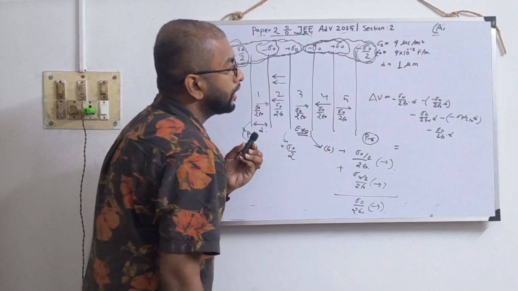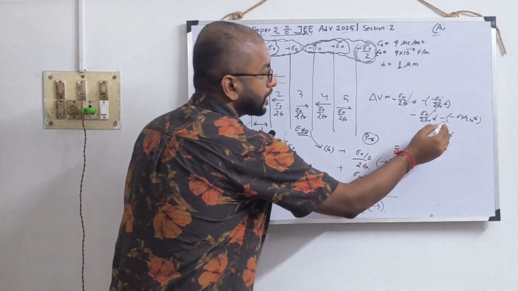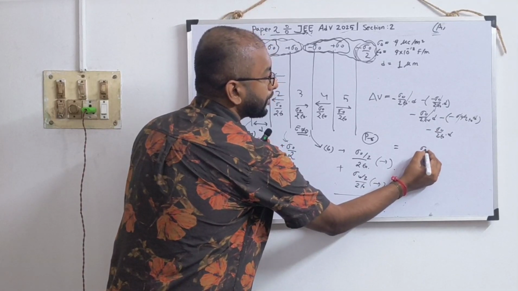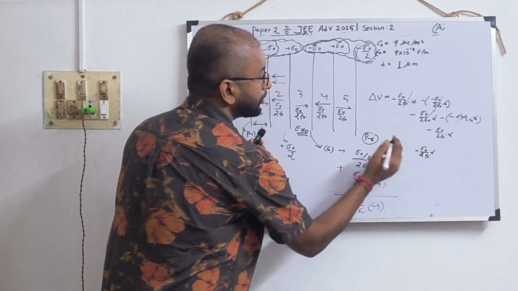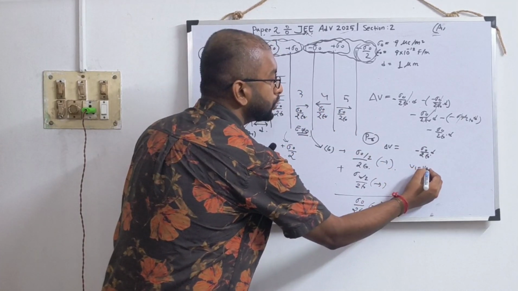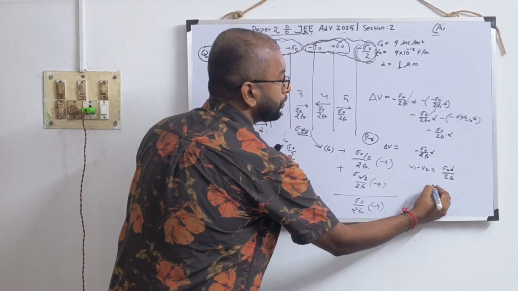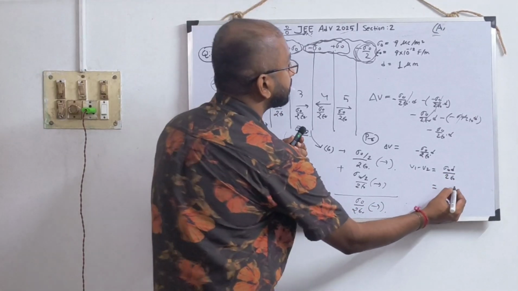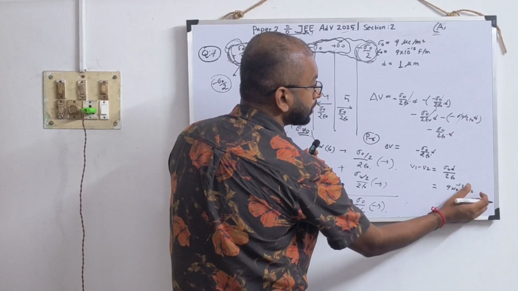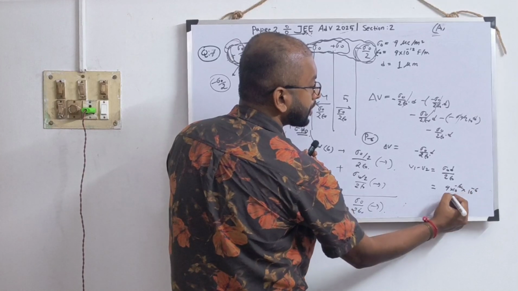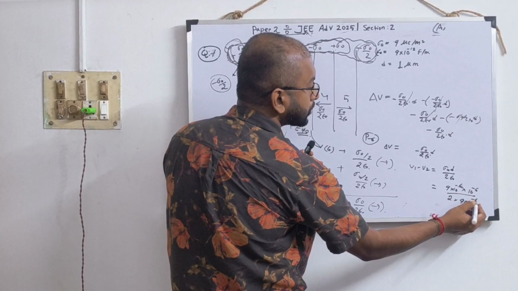So ultimately, which ones are cancelling each other? This one is cancelling out, this one is cancelling out, this one is cancelling out. So ultimately it is becoming sigma naught by 2 epsilon naught into d, and minus of that gives delta V. So V1 minus V2 is becoming sigma naught d by 2 epsilon naught. If I put in those values: 9 into 10 to the power minus 12 into 10 to the power minus 6, by 2 into 9 into 10 to the power minus 12.